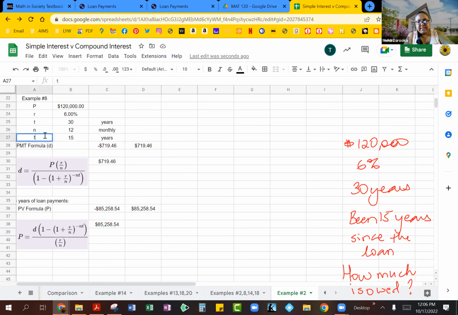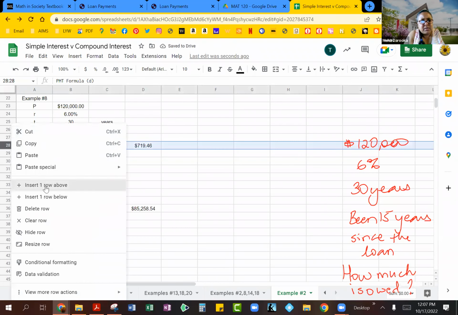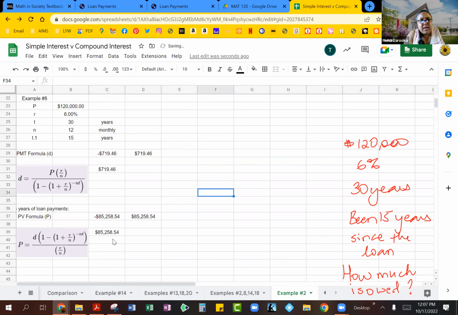So you can call this time sub 2, or T.1, just as a different version, so you know that's not the same as our original amount. So this is going to be how much you are going to owe after your 15 years of making payments.